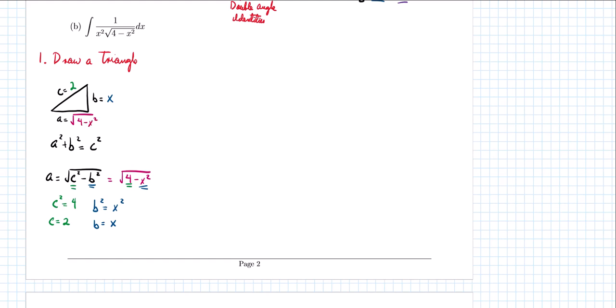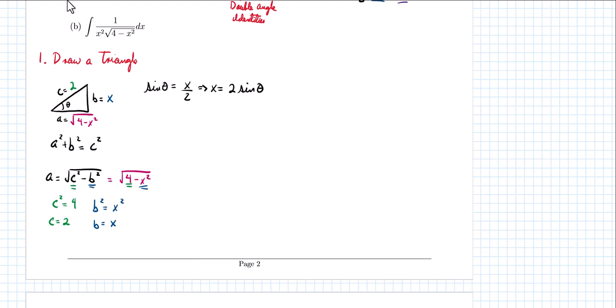Now we have almost everything that we need here. I'm just going to define our sides in terms of trigonometric functions. For the x, since it's the side opposite to the angle theta, I forgot to put in the theta there. There we go. So we know here that sine of theta is equal to x over 2, which means that x is the same thing as 2 times sine of theta.